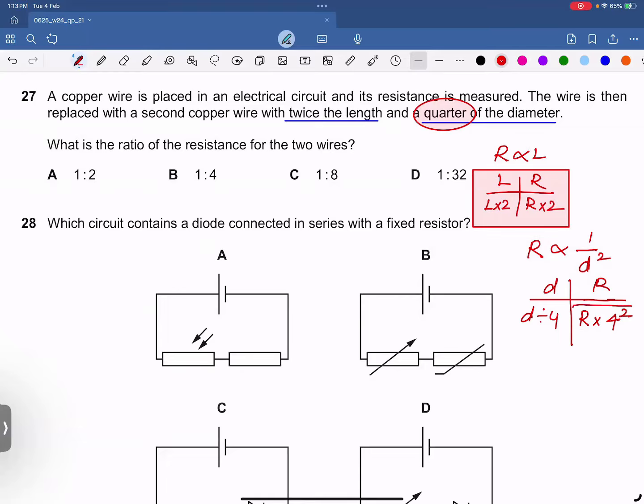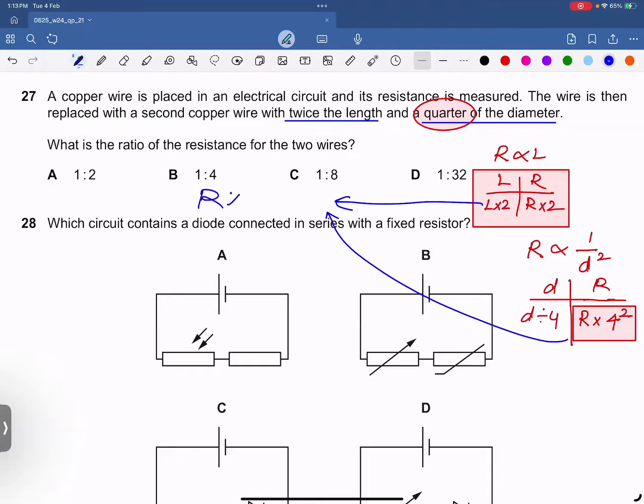Why? Because of the square relationship. My dear students, take both of them out. So overall your resistance is going to be due to length and due to diameter. So resistance will be times 2 and times 4 squared. So new resistance will be 16 times 2, 32.